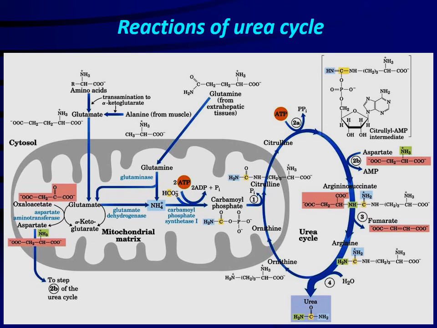Some ammonia also arrives at the liver via the portal vein from the intestine, where it is produced by bacterial oxidation of amino acids. Whatever its source, the ammonium ion generated in the liver mitochondria is immediately used together with bicarbonate produced by mitochondrial respiration to form carbamyl phosphate in the matrix.